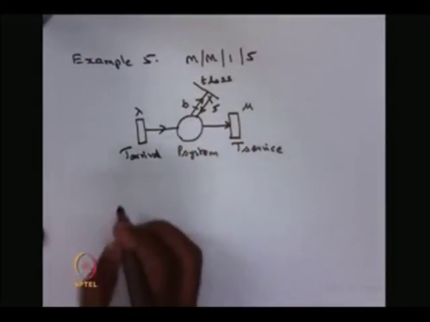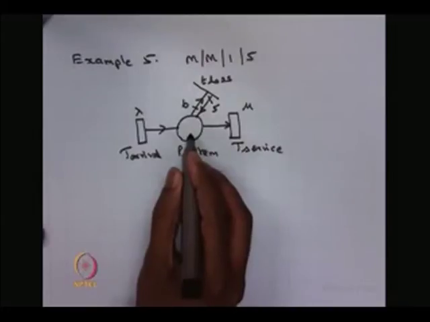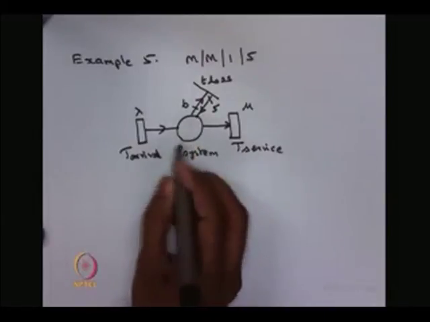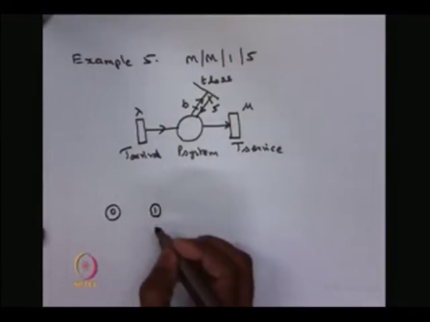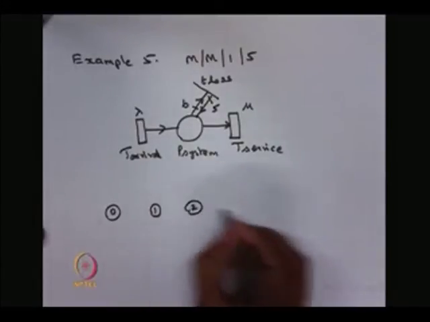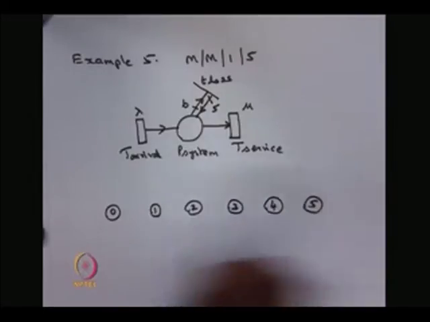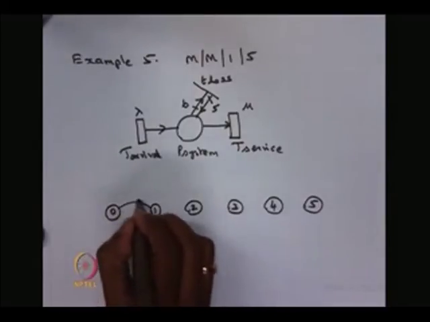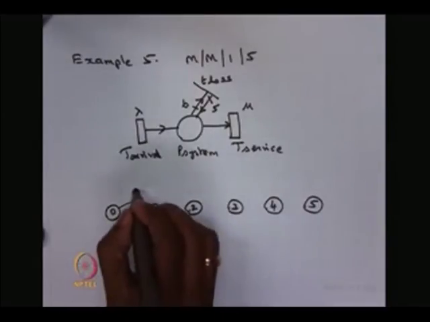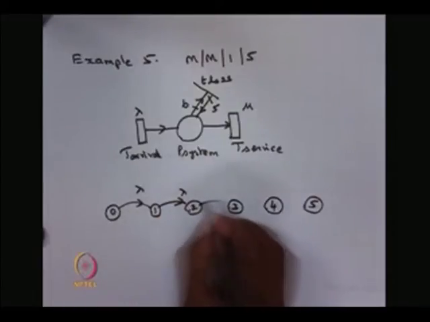If you see the reachability graph for this GSPN, we have only one place, therefore, the number of tokens in the place will be 0, 1, 2, 3, 4 and 5. The markings are reached with the transition firing with the rate lambda, and so on.